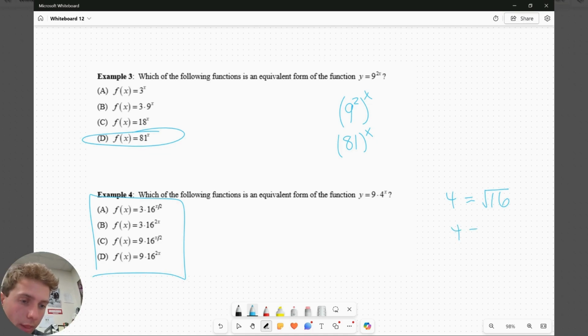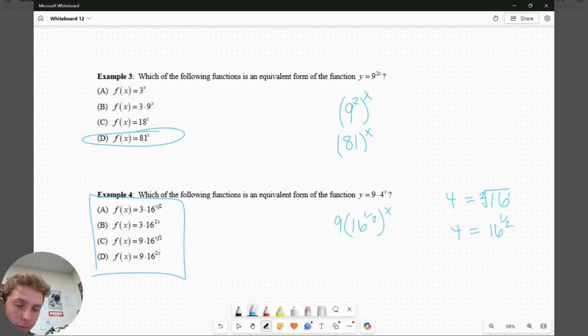So one thing that we're going to start to talk about a lot is when you have roots, when you have radicals, what you can do is rewrite that as a fractional exponent. A square root is the exact same thing as the 1/2 power, 1 over 2. So, okay, that helps me now. Because if 4 is the same thing as 16 to the 1/2, I can change the 4 to now be 16 to the 1/2.